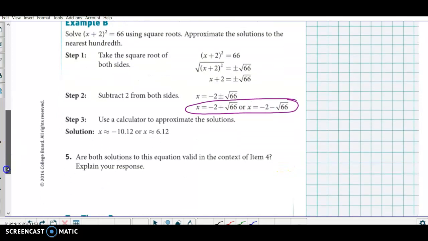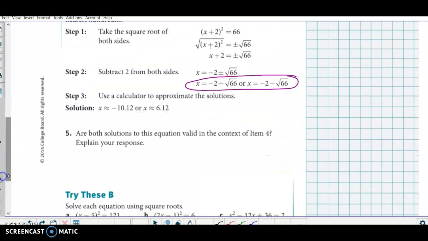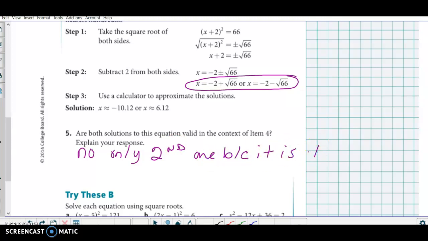You could use your calculator there if you wanted. Are they both valid in terms of number 4? No. Because only the second one is valid because it's positive. And again, we're not going to have negative measurements.